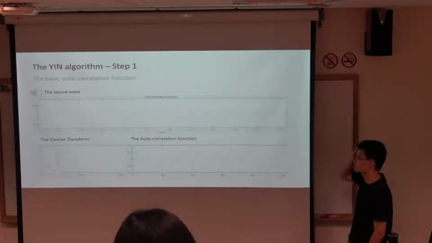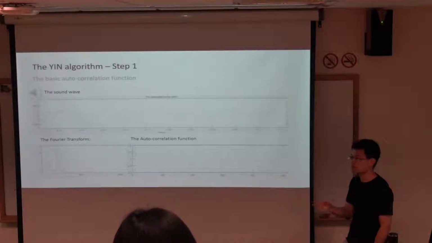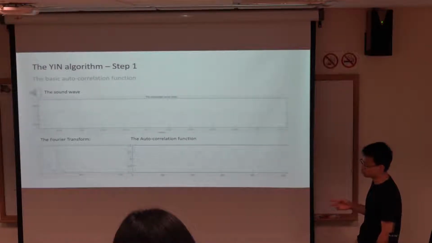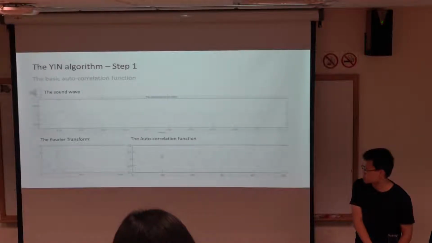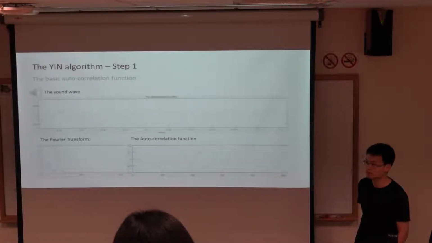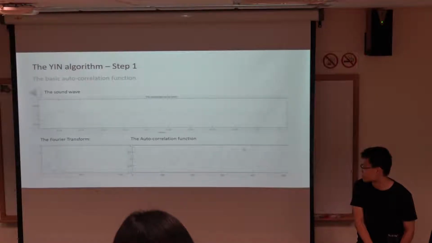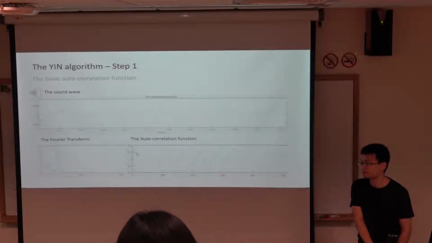First, let me introduce two kinds of errors: the too-high error and the too-low error. A too-high error means you detect a lower period and get a higher frequency, and a too-low error is the opposite: you detect a higher period and get a lower frequency.